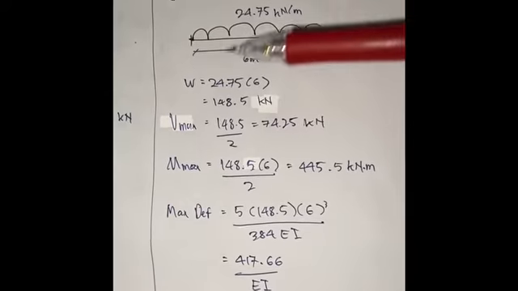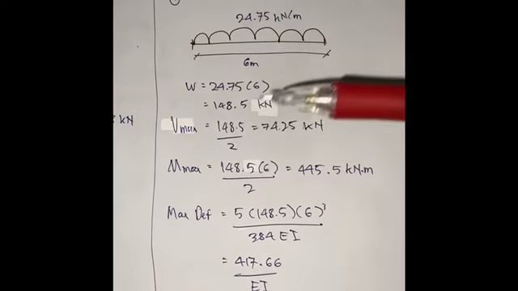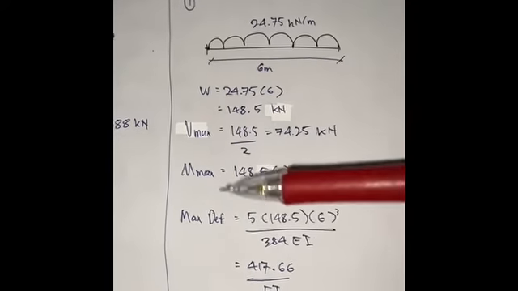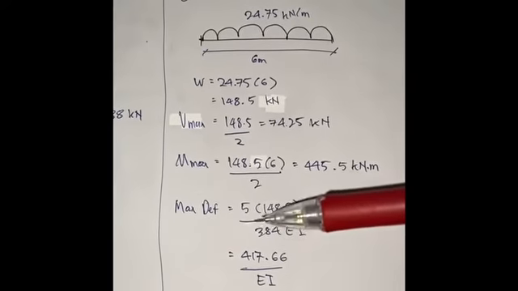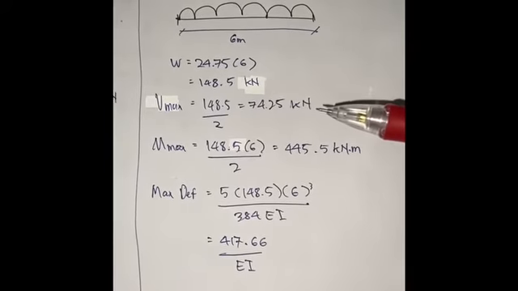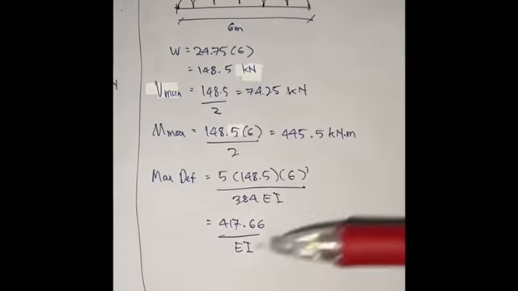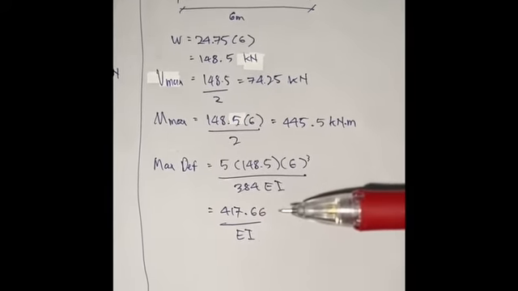For UDL1, we must find the maximum shear, maximum moment, and maximum deflection using the formula given on the deflection table. So we will get maximum shear 74.25, maximum moment 445.5 kN, and maximum deflection is 417.66 over EI.